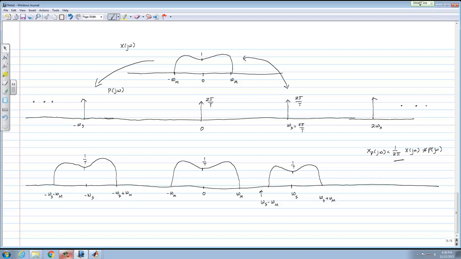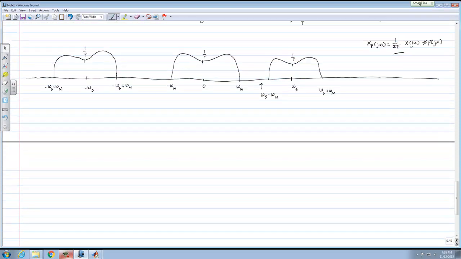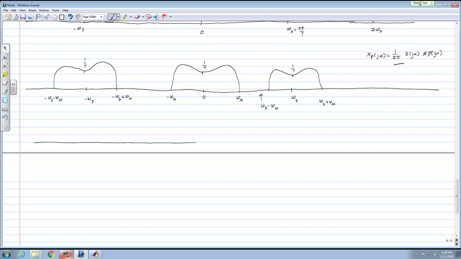What this means is, if I could build a low pass filter, here is 0, omega m is somewhere here, and this is omega c, which we call the cutoff frequency of this filter. But omega c is any value between omega m and omega s minus omega m. It doesn't matter what it is, it's something between the two.